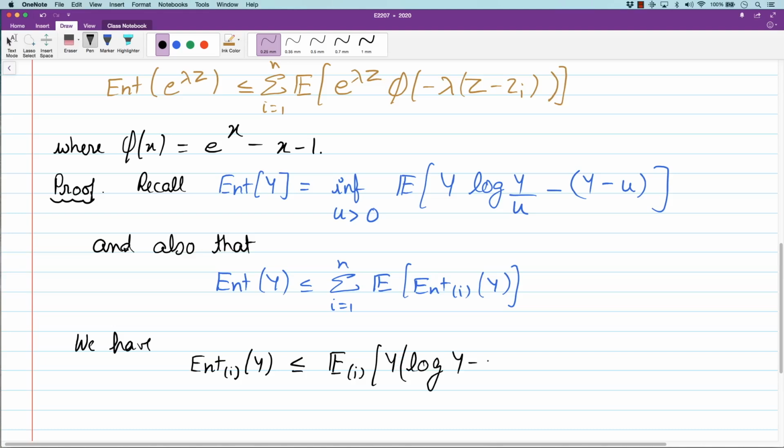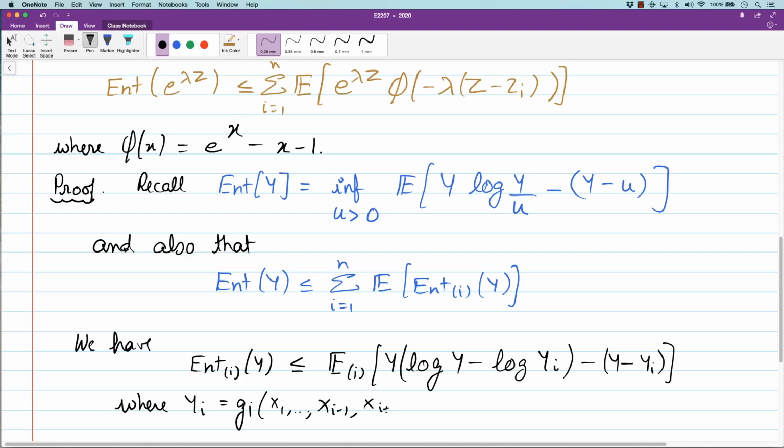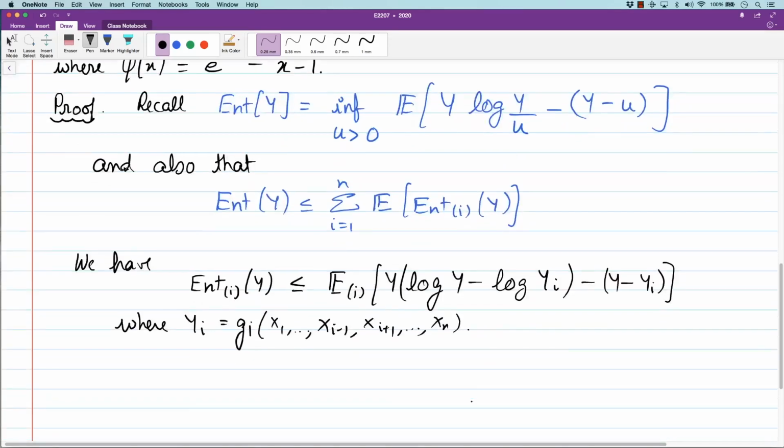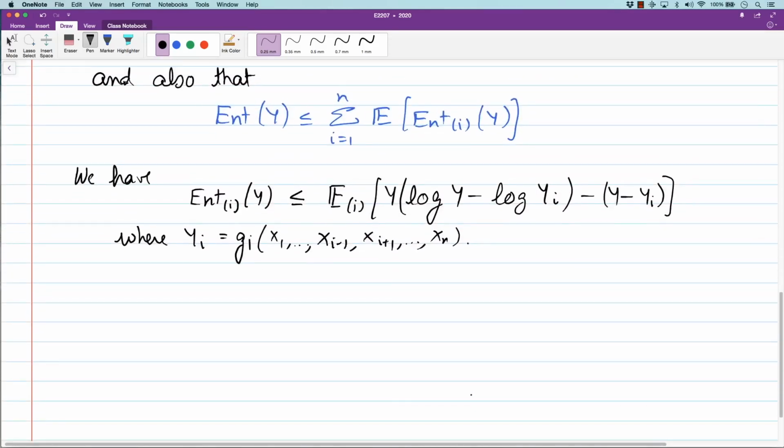And I will fix u to some function yi of all the other random variables, where yi is some appropriate function gi of all the other random variables. So we have this formula.